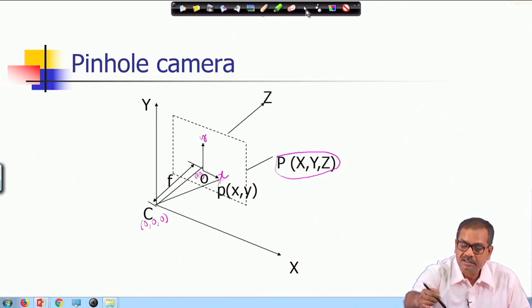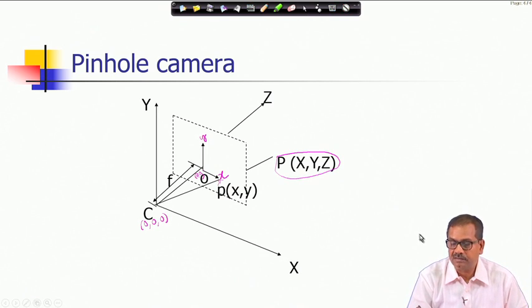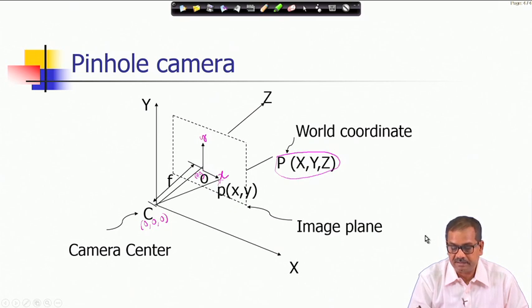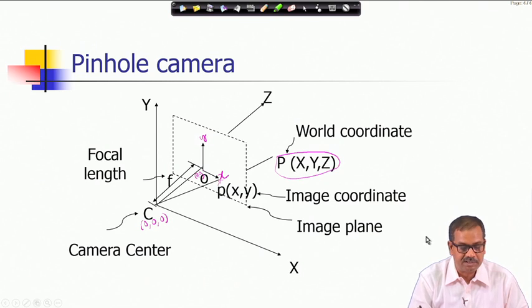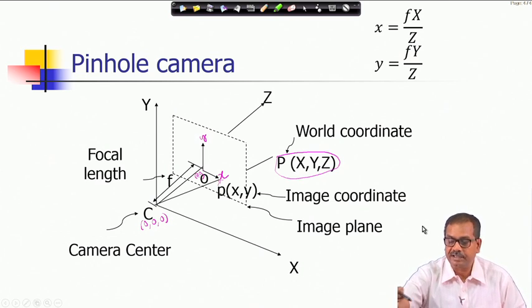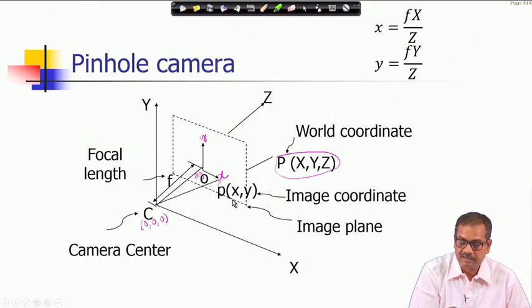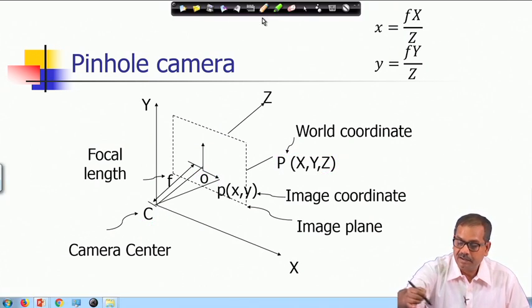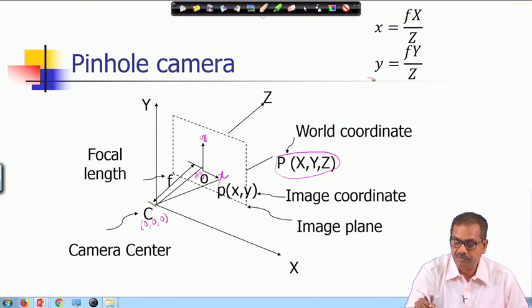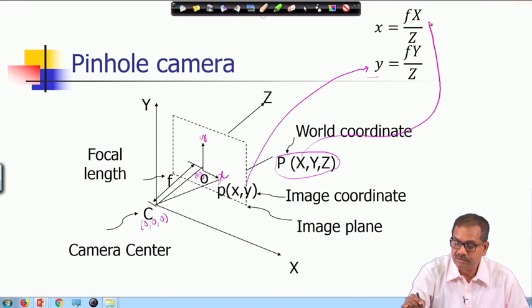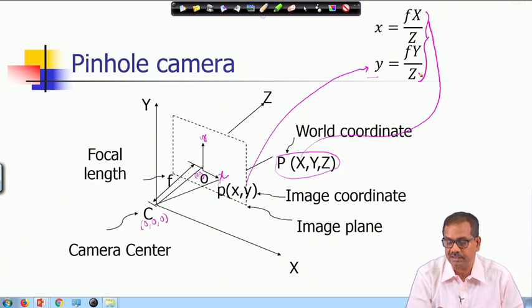By applying the law of similar triangles, we get these expressions: the coordinate x is equal to f X by Z, and the coordinate y is equal to f Y by Z. So, we are using the coordinates of the scene point for this computation.